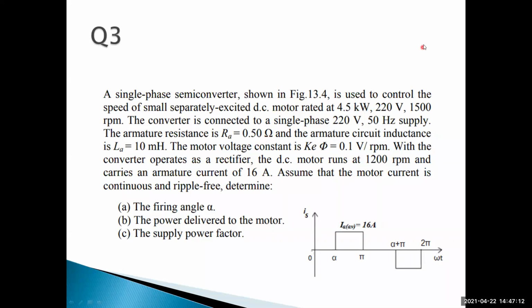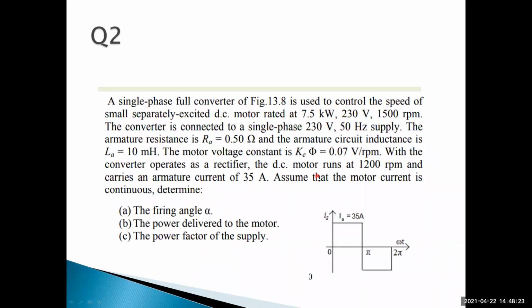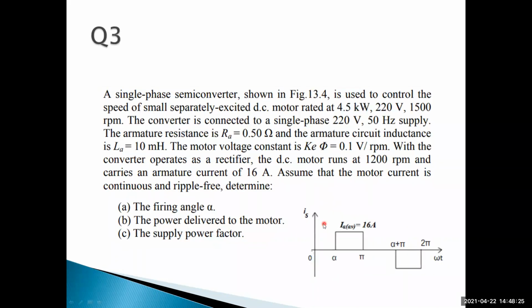There is no use of armature inductance under steady state condition. This problem is similar to the previous problem. The only difference is the RMS value of the supply current. So single phase semiconverter: the motor rating is 4.5 kilowatts, 220 volts, 1500 RPM, and the converter is connected to 220 volts and 50 Hz.